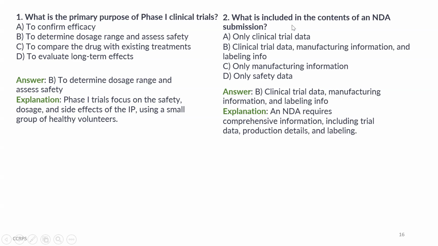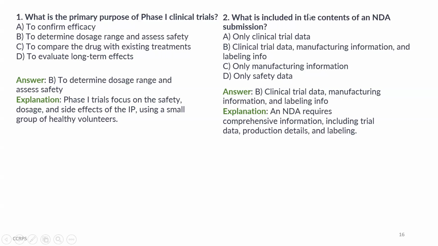Question 2: what is included in the contents of an NDA submission? So NDA, new drug application, or BLA, biologics license application, is exactly in between phase 3 and 4. What we need, of course, is the data from the trials, phases 1 to 3, manufacturing information, and the labeling information.